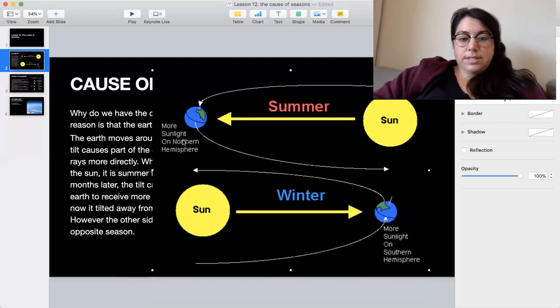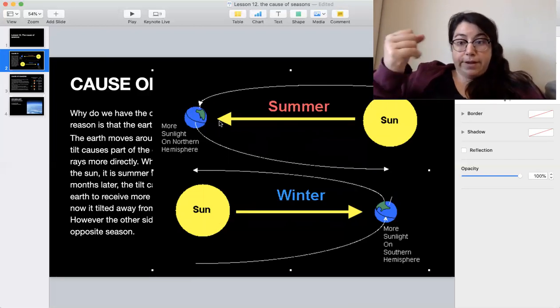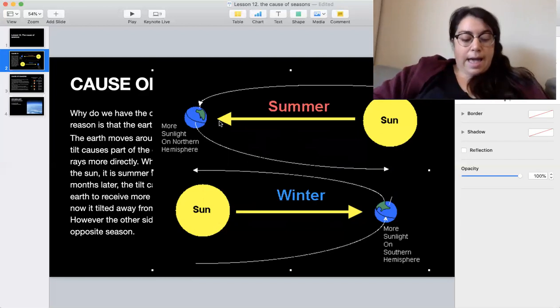That the earth is tilted, and this part here, the northern hemisphere, meaning the top part, okay, it's getting more sun rays, more directly, like what happened with my face and the flashlight, okay? So this part, it's gonna be summer because it gets more direct sun rays. But this part doesn't get that many sun rays in a direct way. So this part, the southern hemisphere, it's gonna be winter, okay?